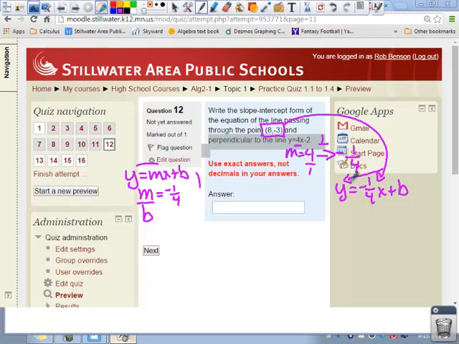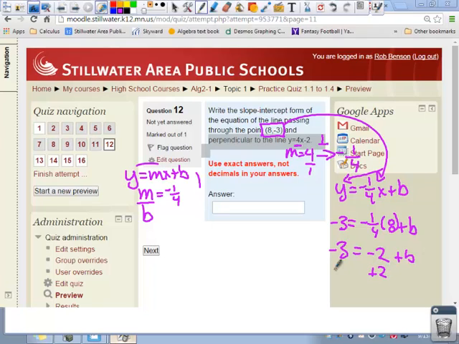Negative 3 is my y, so negative 3 equals negative 1 over 4 times my x, which is 8, plus b. What's 1/4 of 8? Negative 3 is equal to negative 2 plus b.